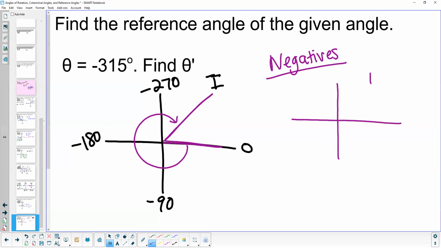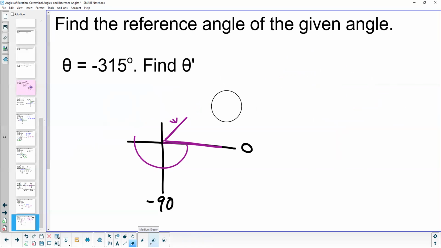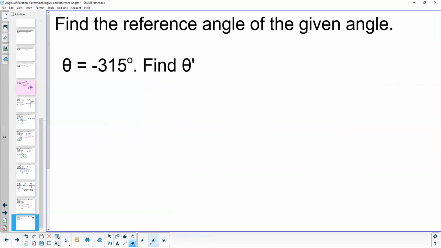So here in quadrant 1, we're going to do the 360 plus our negative angle. And then in quadrant 2, we would take our angle and we would subtract, or add 180, things like that. But rather than dealing with the negatives, because that can be a mess to figure out, let's just switch it to a positive.